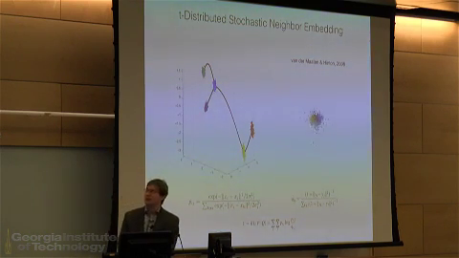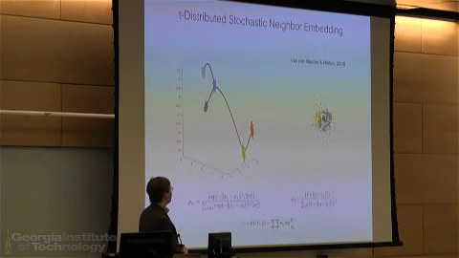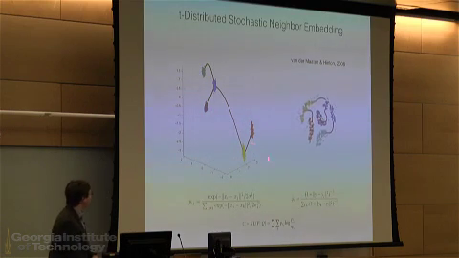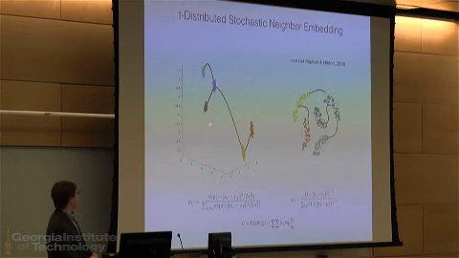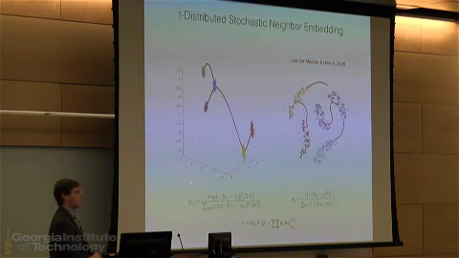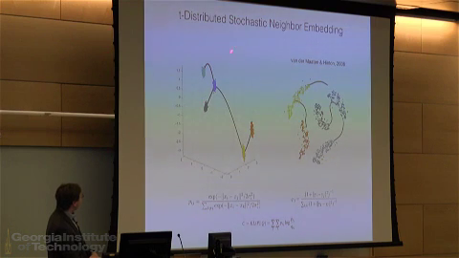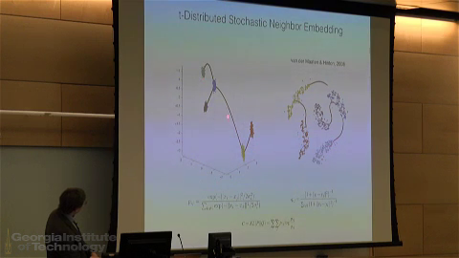And I'll just play this gratuitous movie here, because that's one of the lab's specialties. This is just a toy model of a bunch of points plopped down into a 3-dimensional space. And then this is actually running this algorithm. And what you can see is that you've generally preserved the topological relationships between everything.